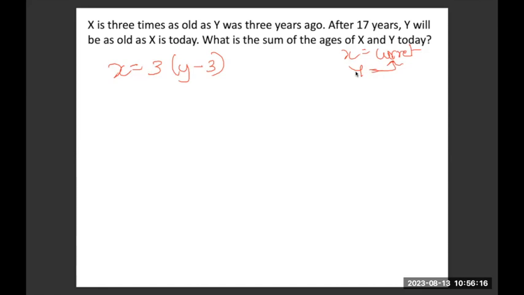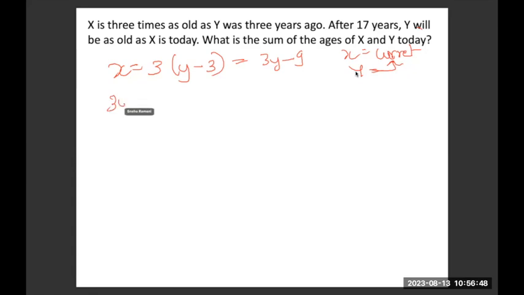The first equation says x is 3 times y was 3 years ago, which will be equal to 3y minus 9. After 17 years, which is in the future, y will be as old as x is today.